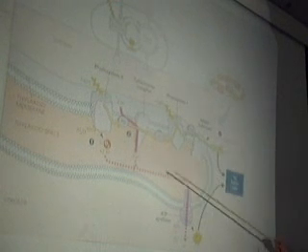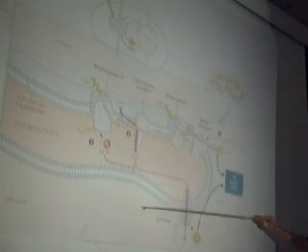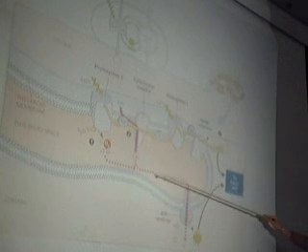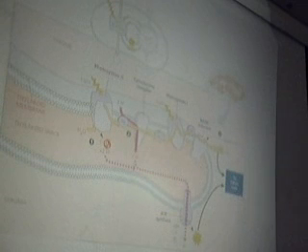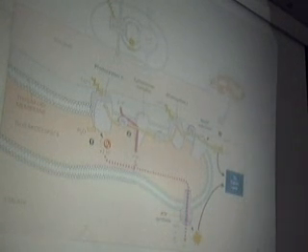So these all together form the proton gradient across the membrane that is utilized in the chemiosmotic synthesis of ATP. And these NADPH and ATP are utilized in the enzymatic reactions for binding carbon dioxide into sugars.